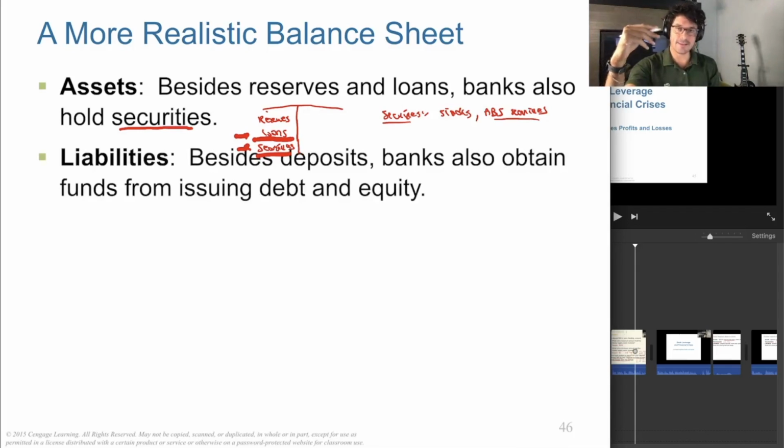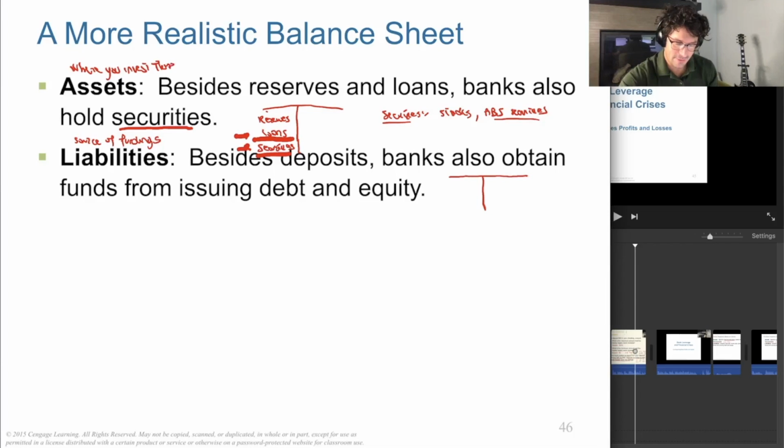Then, on the other side, let's make our liabilities our sources of funding. Remember, the liabilities are the sources of funding, while the assets are where you invest those fundings.